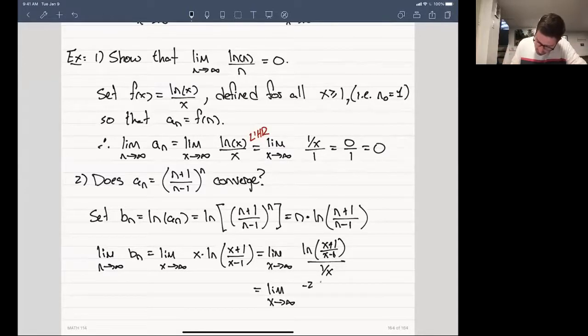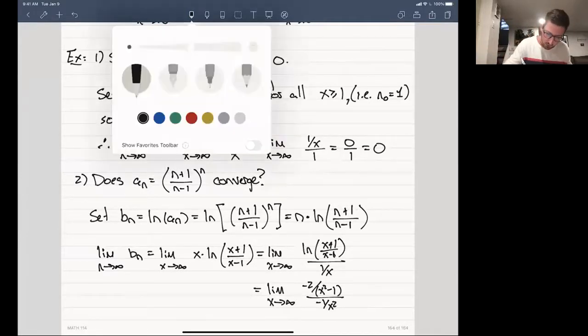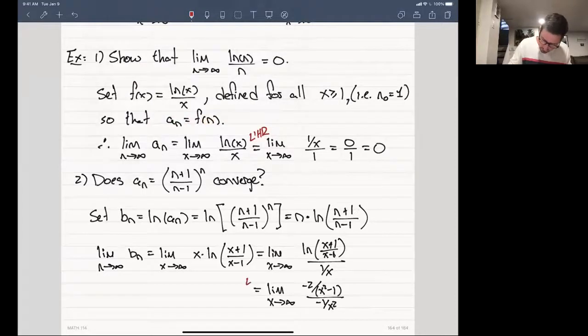This gives me minus 2 over x squared minus 1. So that's the derivative of the natural logarithm term. And minus 1 over x squared, which is the derivative of 1 over x. Actually, before I go to the next screen, let me tell people that I used L'Hopital's rule, so I put the L'(HR) in there.